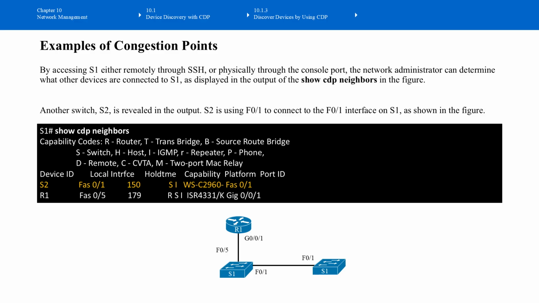By accessing switch 1, either remotely or through secure shell, the SSH, or even physically through the console port, the network administrator can determine what other devices are connected to switch 1. As displayed in the output of the show CDP neighbors in the figure, you can see these are the devices connected to it.